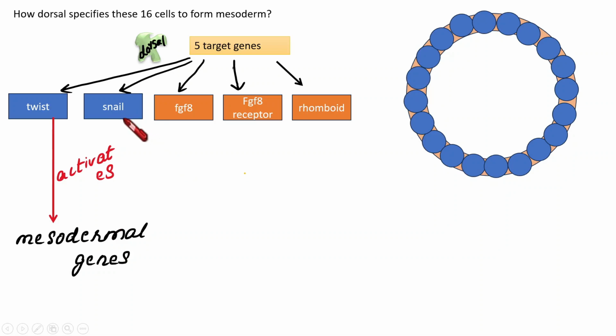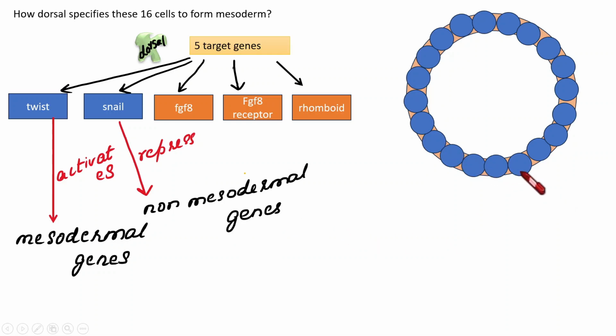At the same time, what is the snail gene doing here? As the snail gene undergoes transcription, a snail protein will form, and that snail protein represses, it's not activating, it represses what? Non-mesodermal genes in the 16 ventralmost cells. It represses the expression of non-mesodermal genes.